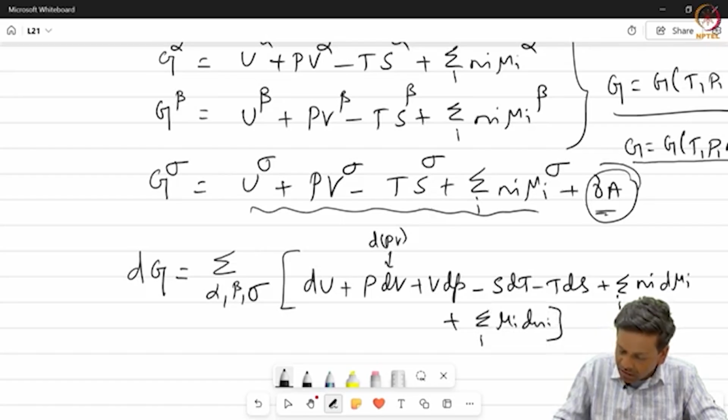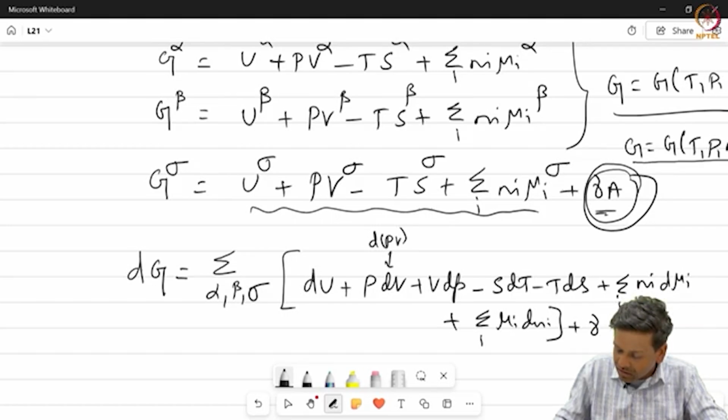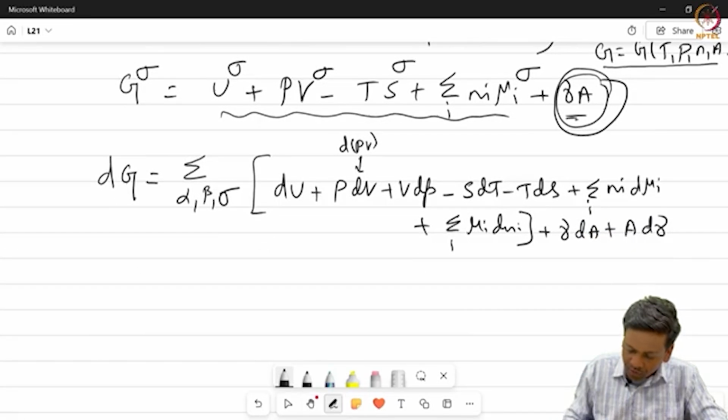You have this additional term which will not be put inside this bracket, because it is only applicable for the interface. So you can write this separately as gamma dA plus A d gamma. This is what we know.